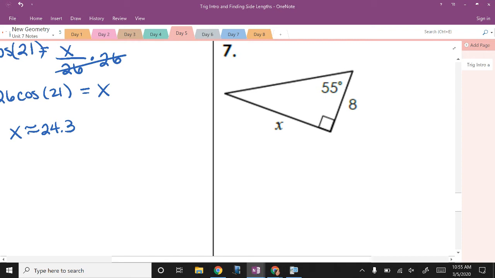Number 26, y equals 3 times cosine of x minus 6 squared minus 2. What's x? 3 times what 8 is? 3. What's 8? Negative 6 is positive. Okay. Yeah, this too. That shows your transformations right there.